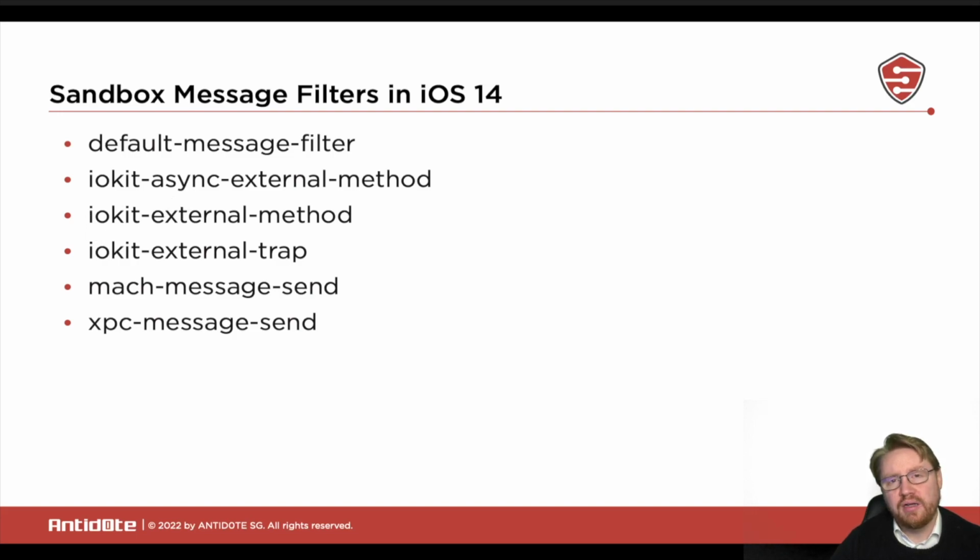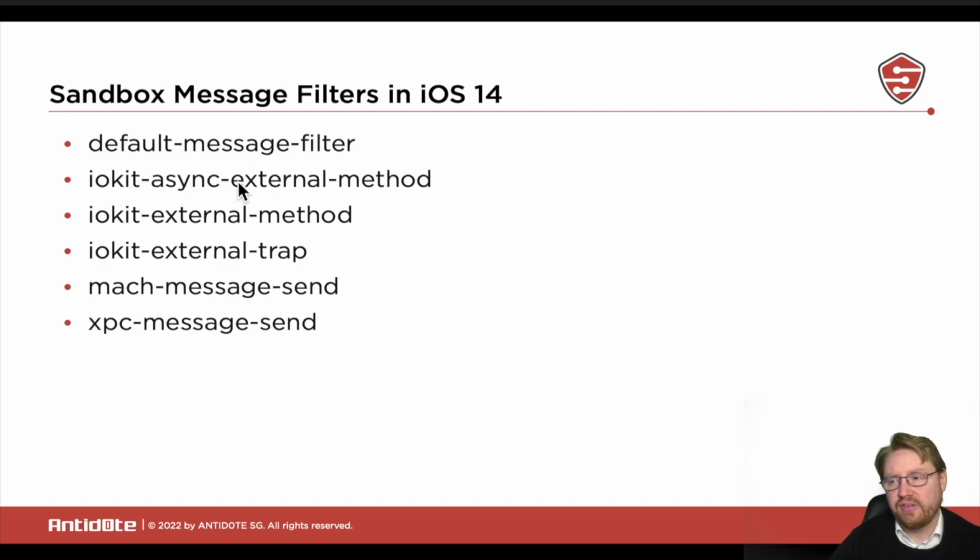The normal methods that userland code triggers in an IOKit driver are via IOKit external methods. Here you can now specify that it's not only allowed to call external methods, but exactly which of those are allowed. There are normal external methods that are synchronous, and there's the possibility to have asynchronous external methods.